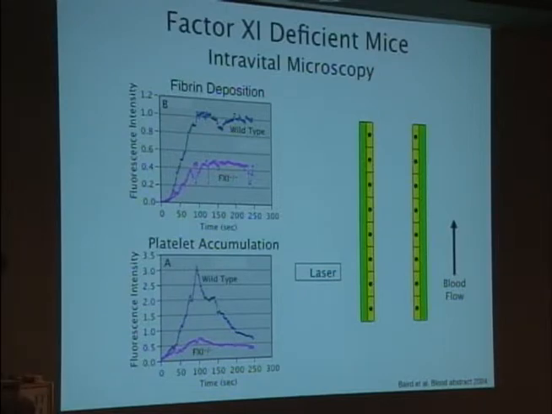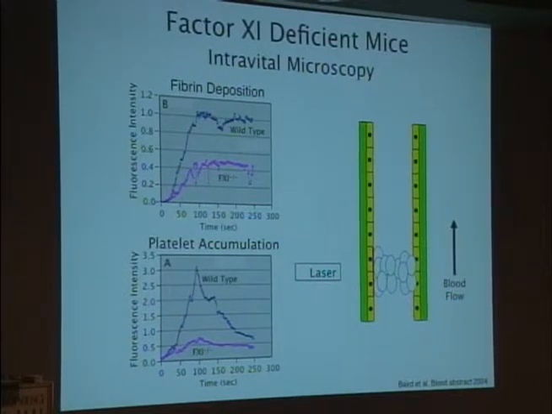Just to refresh your memory, here we weren't adding any dyes. We were using a laser to induce changes in the endothelial cells, which were then resulting in clot adhesion. In this particular model, fibrin deposition and more dramatically platelet accumulation were significantly reduced compared to the wild-type mice.